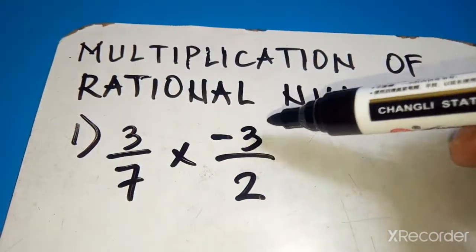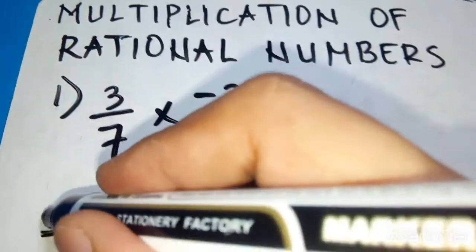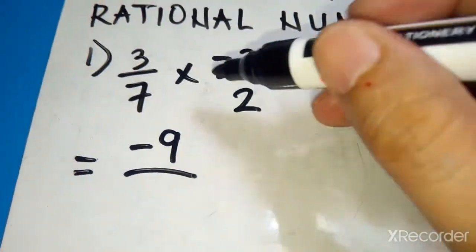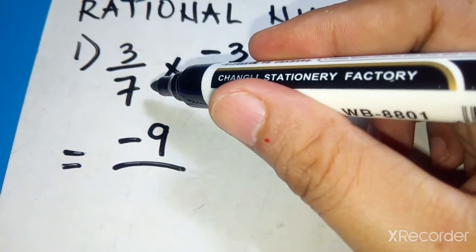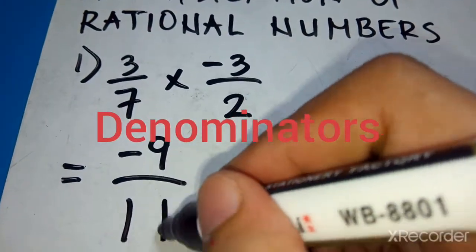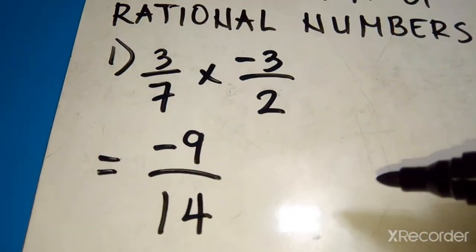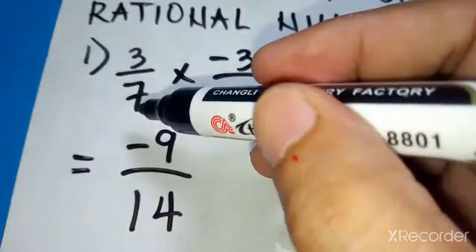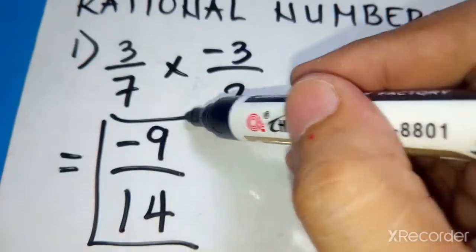So 3 times negative 3 equals negative 9 over the product of the denominators, 7 times 2, so that's 14. So therefore the product of 3 over 7 and negative 3 over 2 is negative 9 over 14.